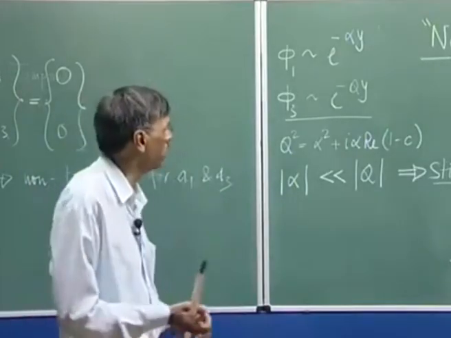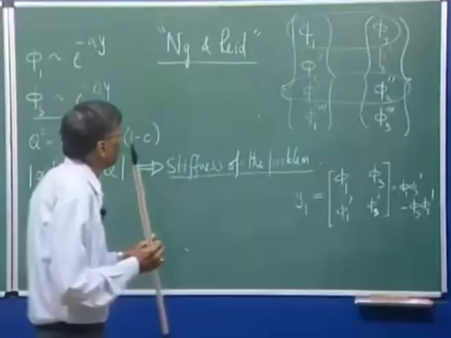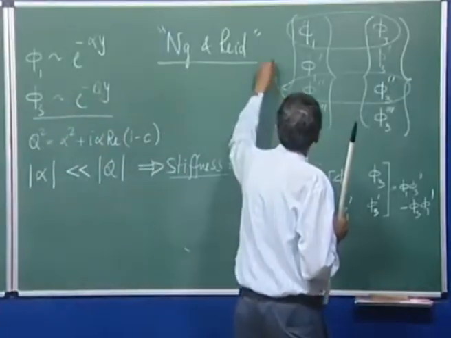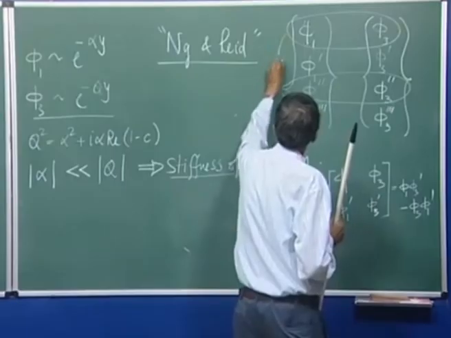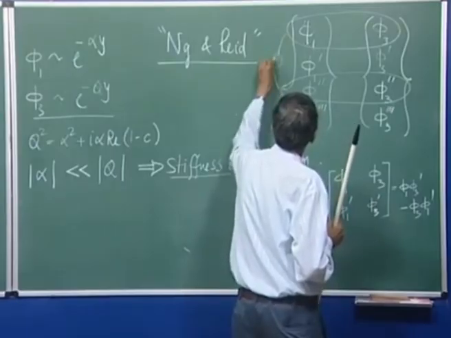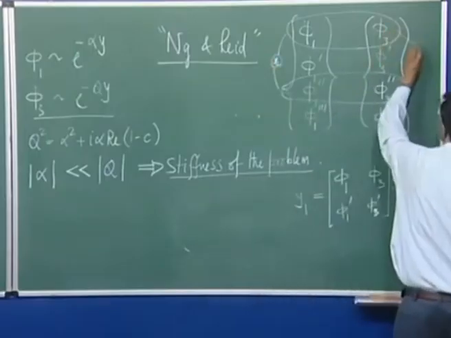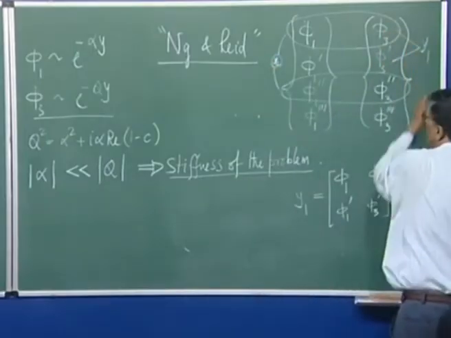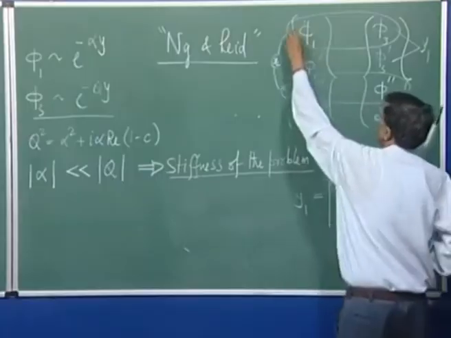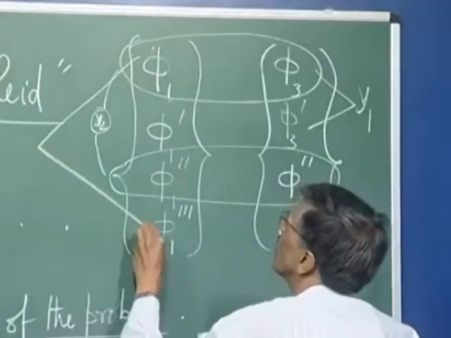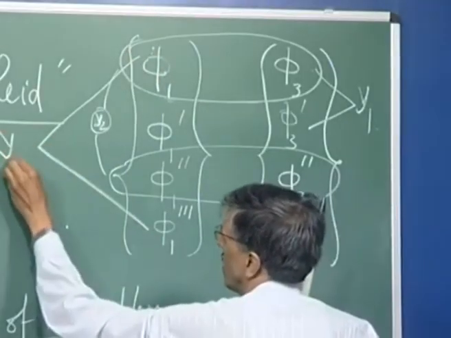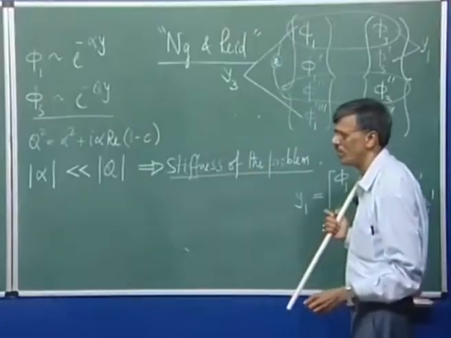So, what we could do is, this 2 gave us y 2 and this 2 gave us y 1. So, if I take this one and this one, I will get, let us say, y 3.